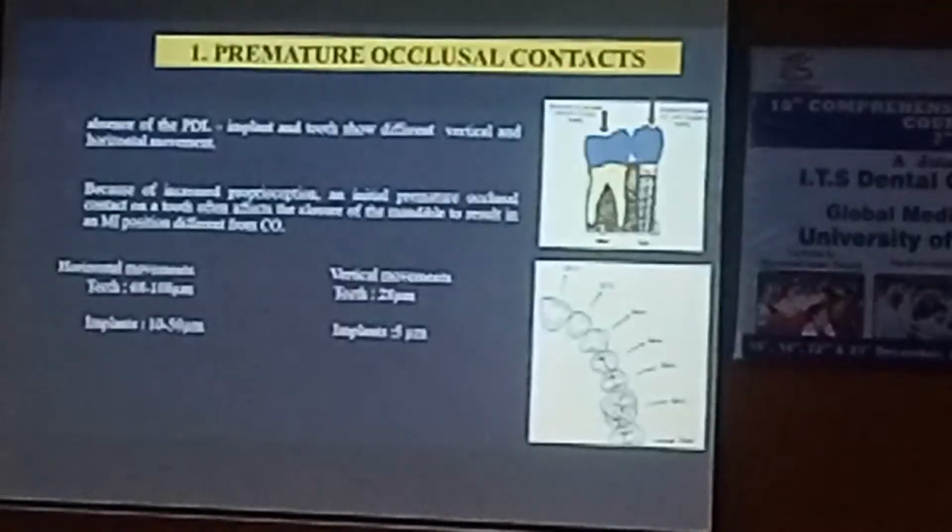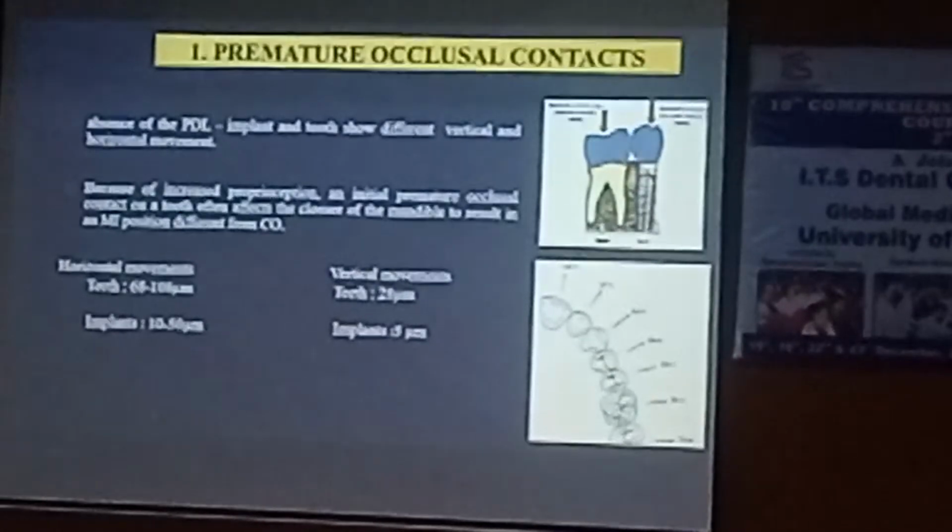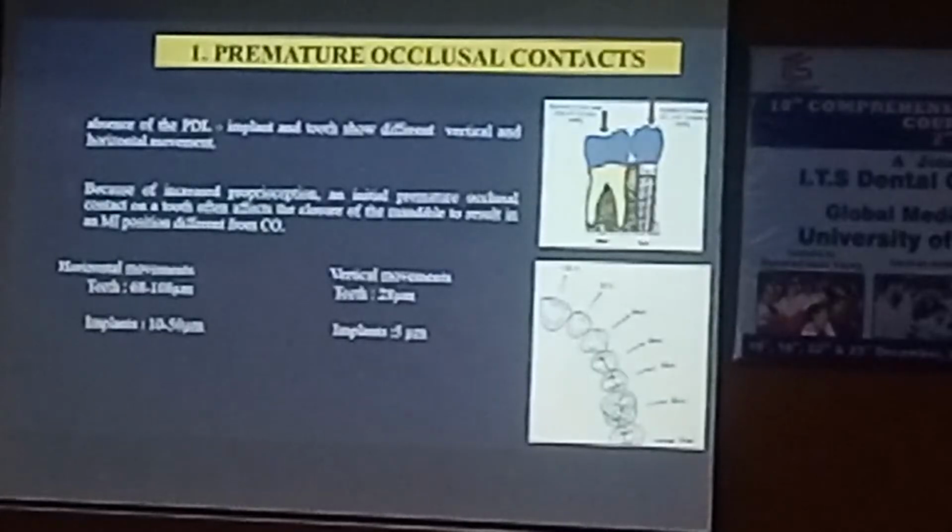Done? Okay. This is premature occlusal contact, and this is where the role of proprioception comes into play. Whenever you are chewing, suppose you are eating something and suddenly there's a stone, what happens? Do you continue chewing or do you suddenly break the chewing cycle?